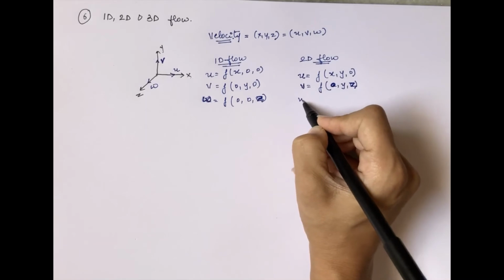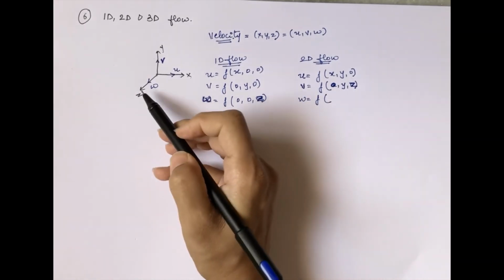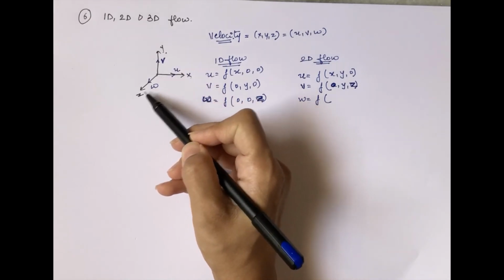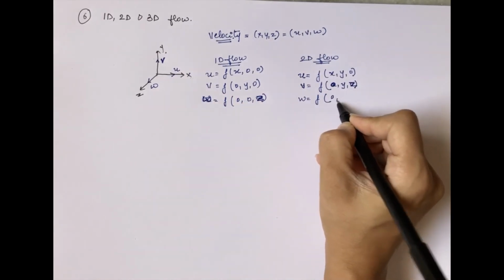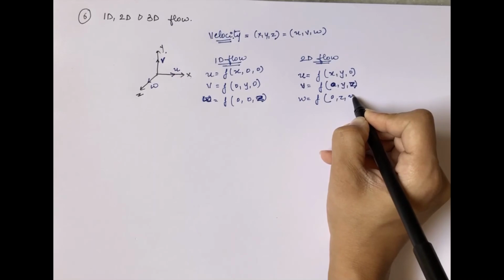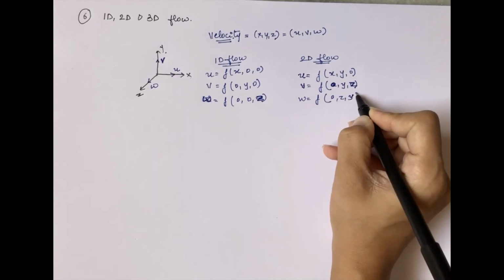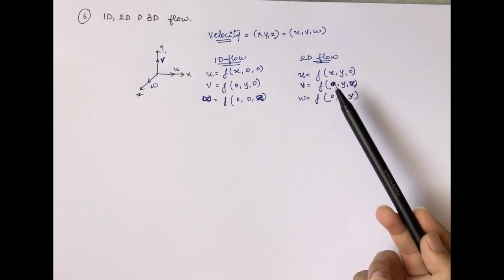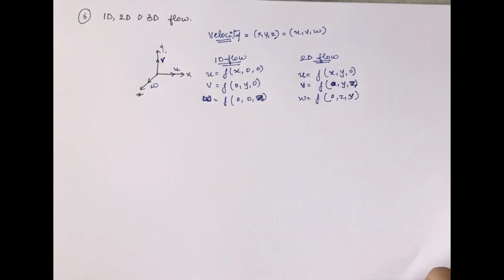And similarly, w will be a function of z and y if the flow is taking place in the z and y directions. In this way, one-dimensional, two-dimensional and three-dimensional flows can be determined.